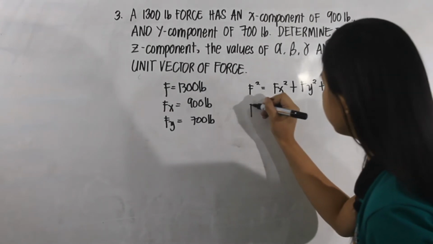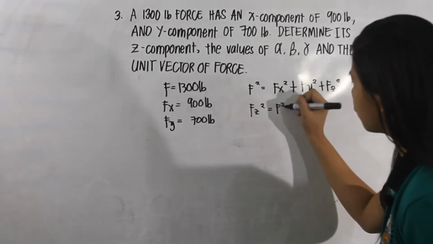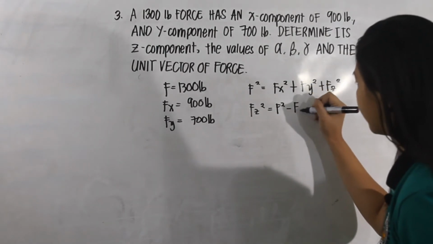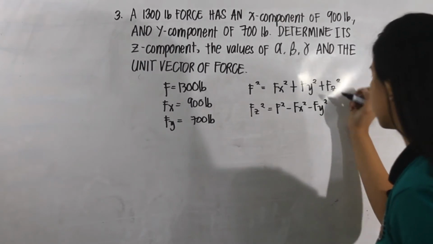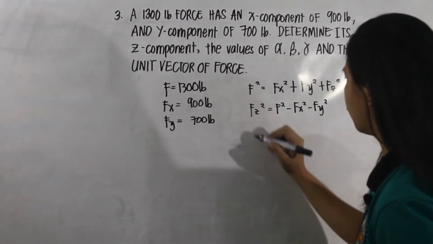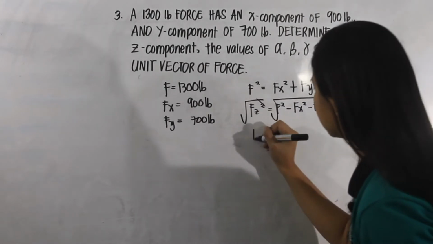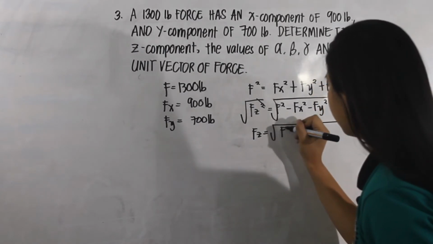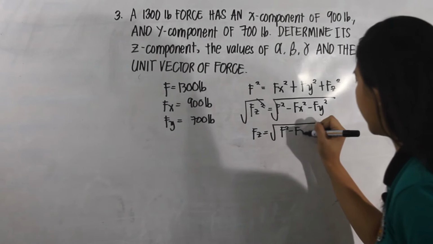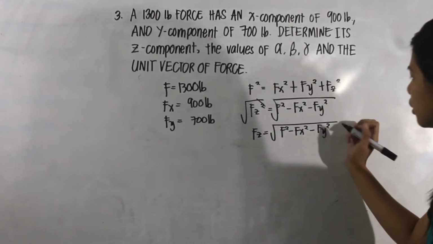We have Fz squared is equal to F squared minus Fx squared minus Fy squared. So, Fz is equal to the square root of F squared minus Fx squared minus Fy squared.